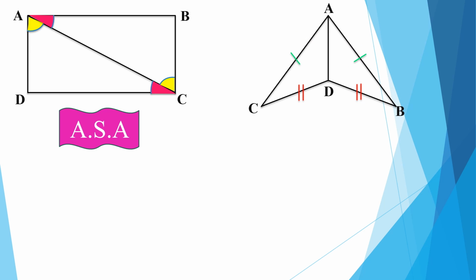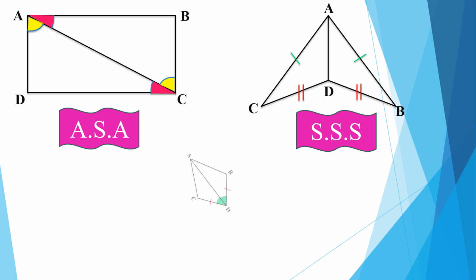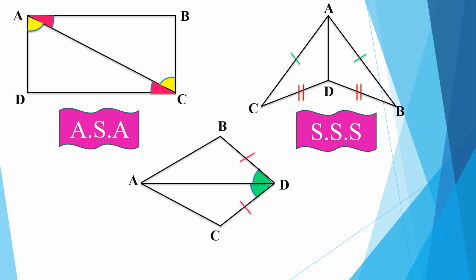The next one, the triangle ADB and the triangle ADC. Here AB equals AC, BD equals CD, AD is the common side. So the two triangles are congruent as side side side. The last one, triangle ABD and the triangle ACD.